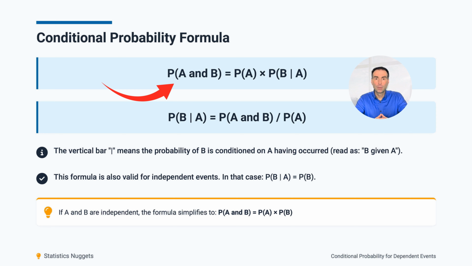In other words, P of A and B equals P of A multiplied by P of B given A. If we want to find just the conditional probability, we divide the probability of both events by the probability of A. So the probability of B given A equals the probability of A and B divided by the probability of A. And when the two events are independent, the probability of B given A is just the probability of B.